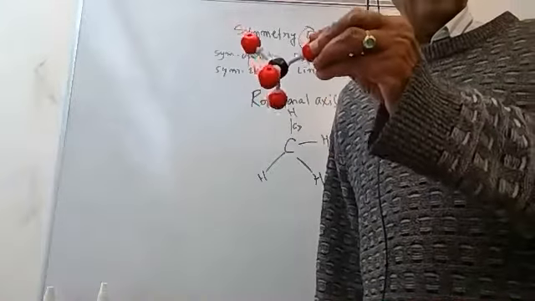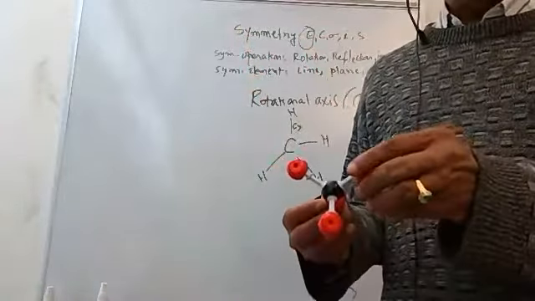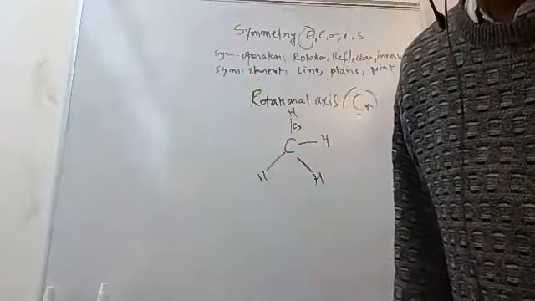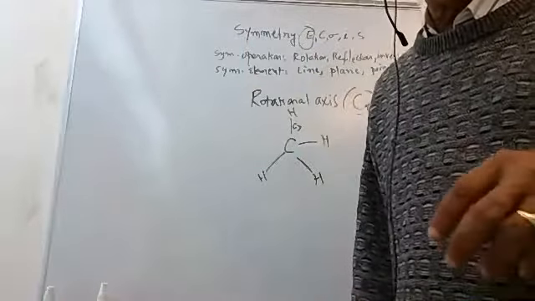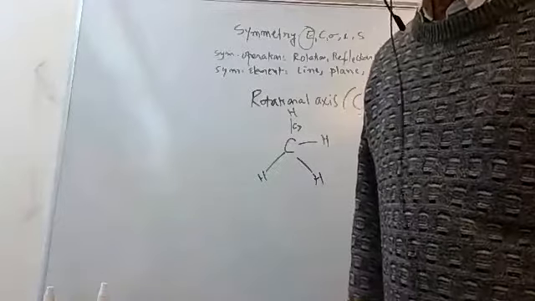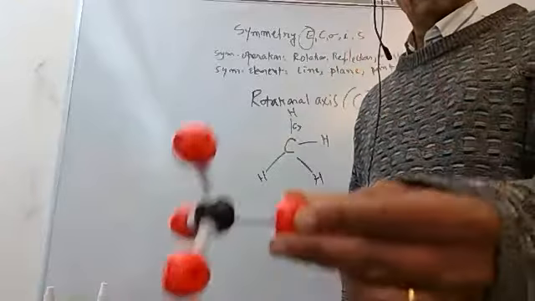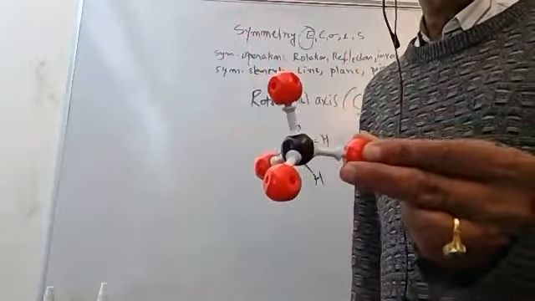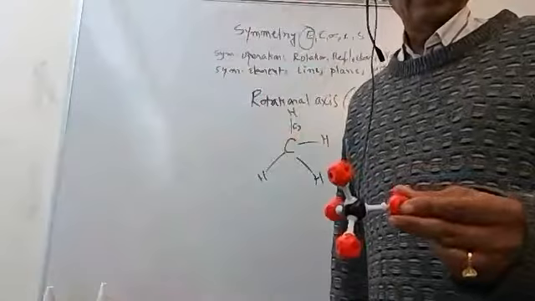Let me give you a different way of looking at tetrahedral molecules. Although you have done a lot of tetrahedral molecules in organic chemistry, there are certain tricks that we use in inorganic chemistry that throw more light into the shapes of molecules. So here is a tetrahedral molecule, right? You have 4 hydrogens and the carbon in the middle. If I were to take this molecule, put it in a cube, let's see what happens.